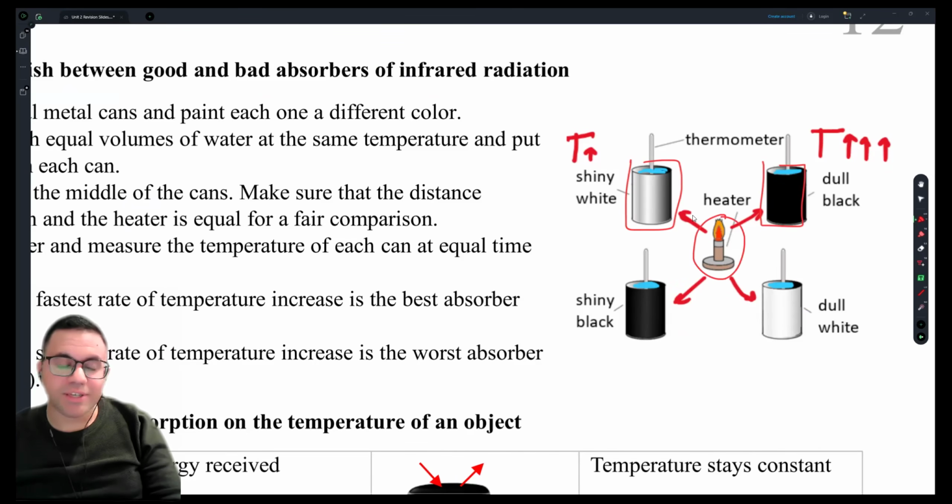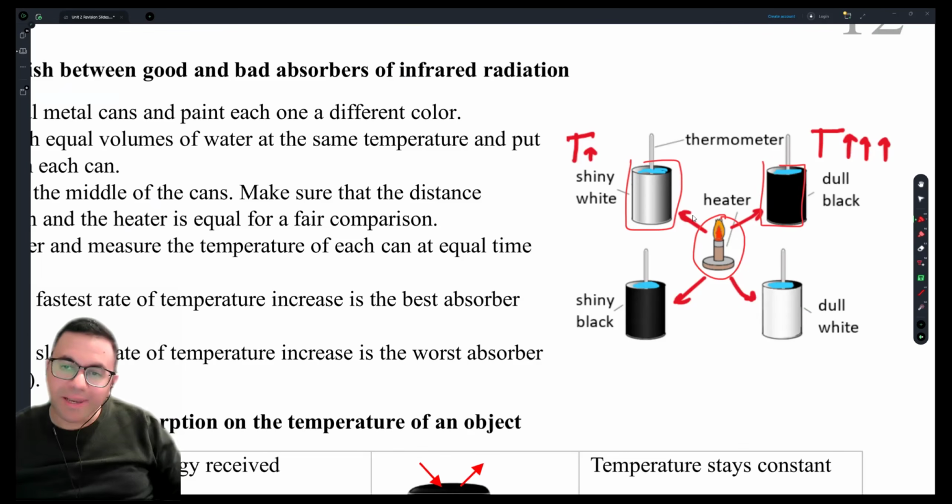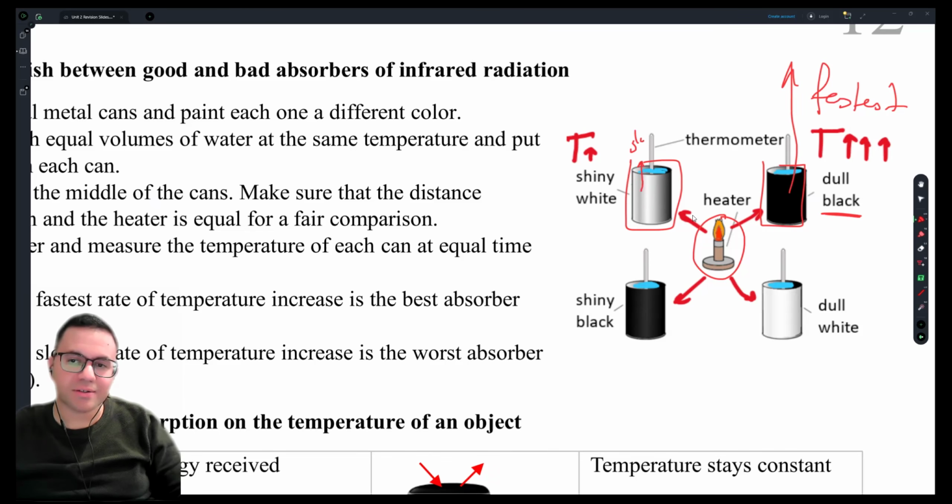And you put them next to a heater or in the sun, so that the only heat they get is through radiation. The black can heats up fastest, whereas the shiny white will also heat up, but slowest.